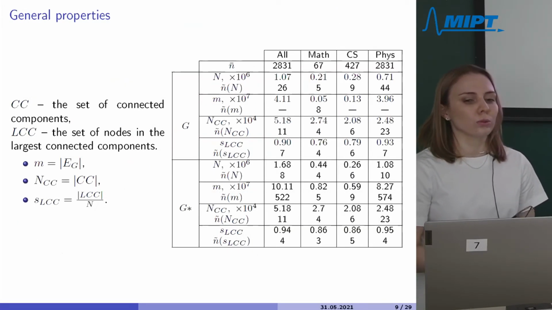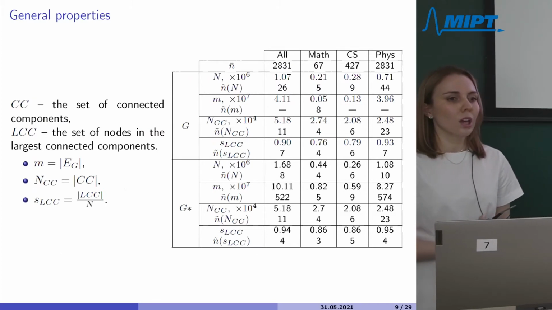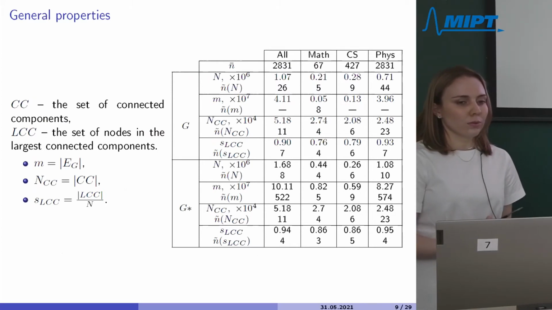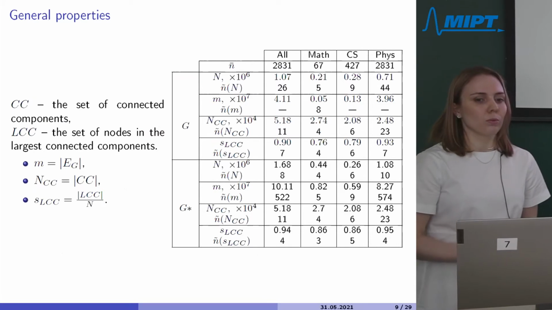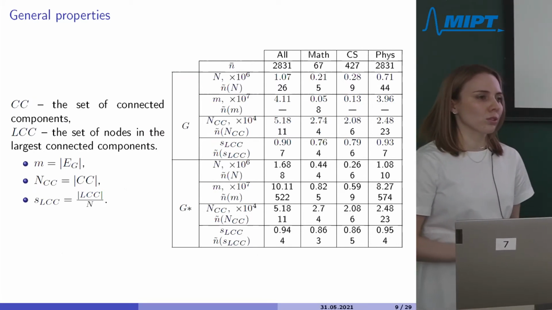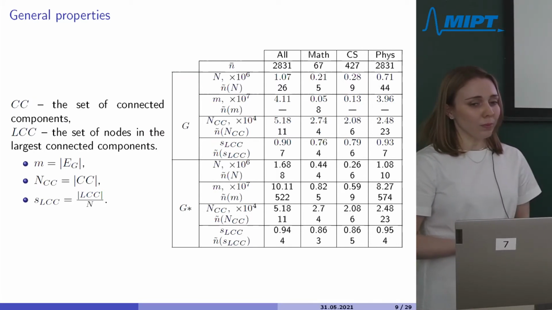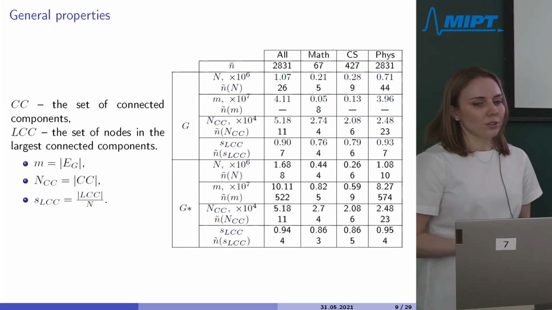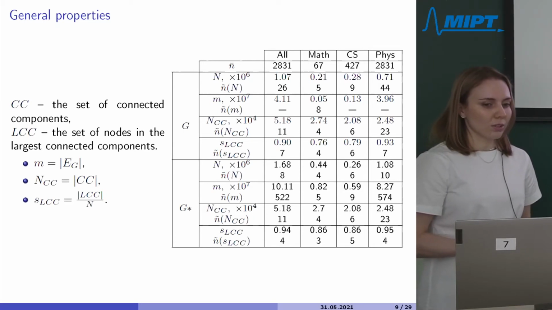So, going to the more proper description, I'd like to start from general properties, from maturation of number of nodes, edges, and component structure.